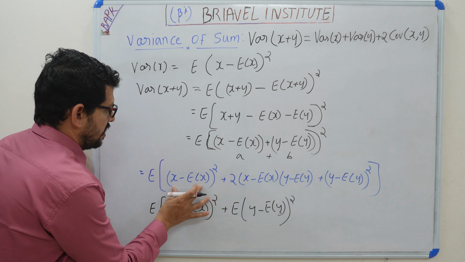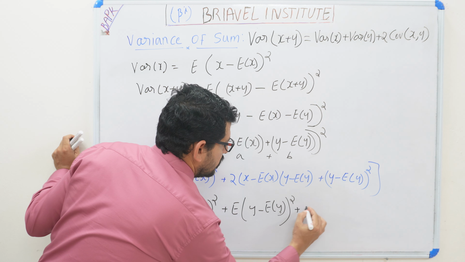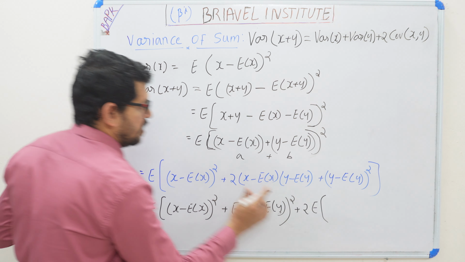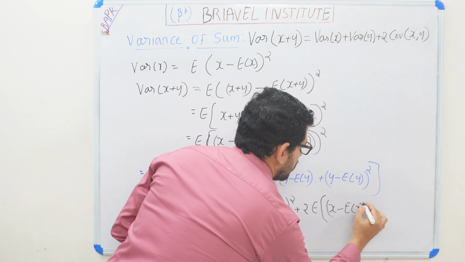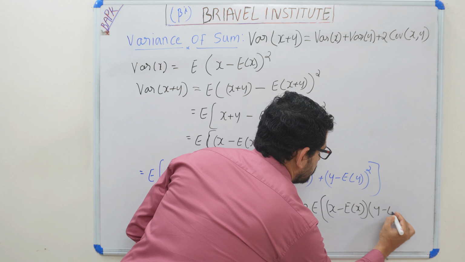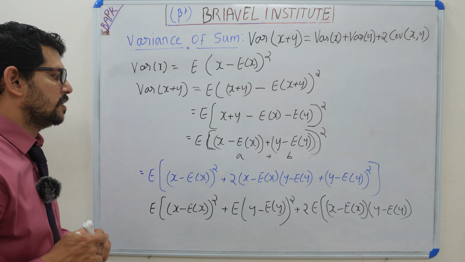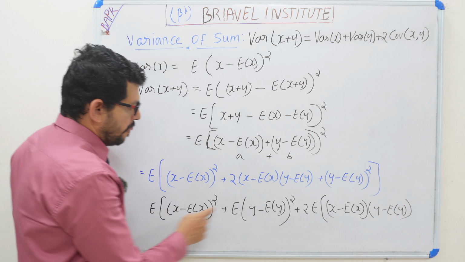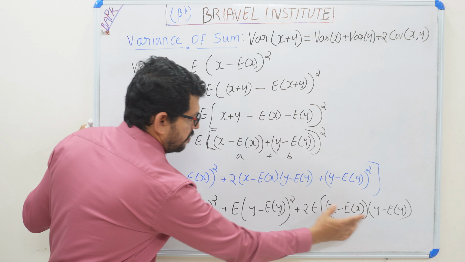This expectation is given here, plus 2 times the expectation of x minus expectation of x and y minus expectation of y. So this is the formula, just rearranged. The expectation is given to three places.